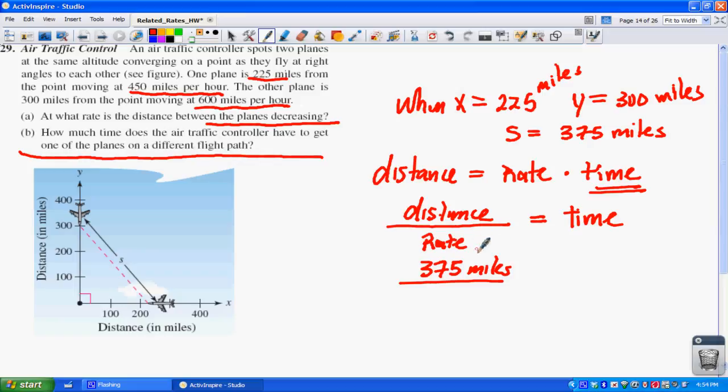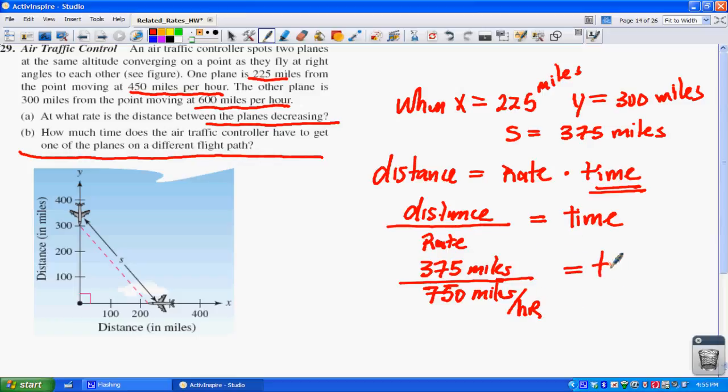So we don't put in negative 750, we just put in 750 miles per hour. When you do the dimensional analysis, the miles cancel out and it just leaves hours.